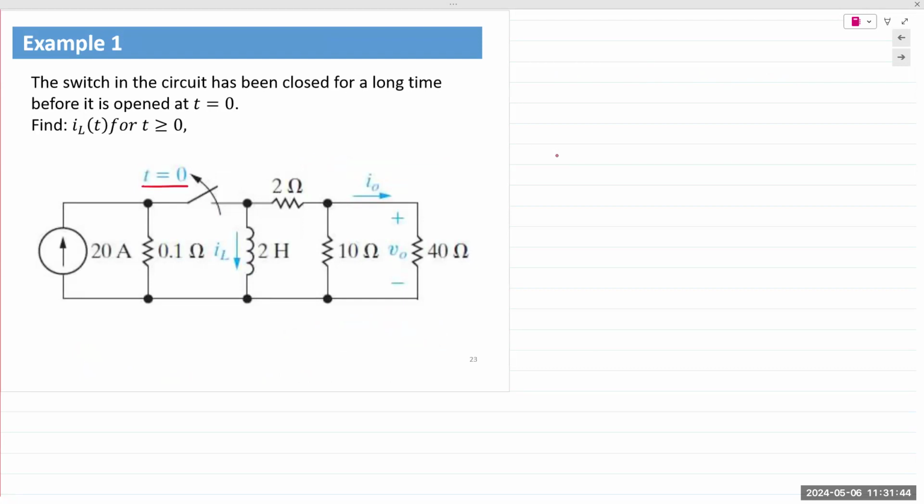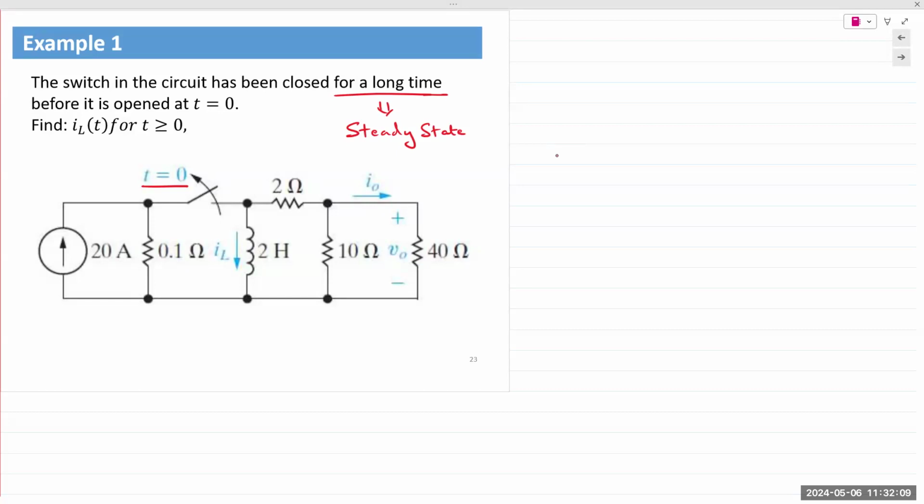The first thing we should realize as soon as we read the words "a long time" is that it indicates steady state. Now it could mean either that the component is fully discharged or it is fully charged.